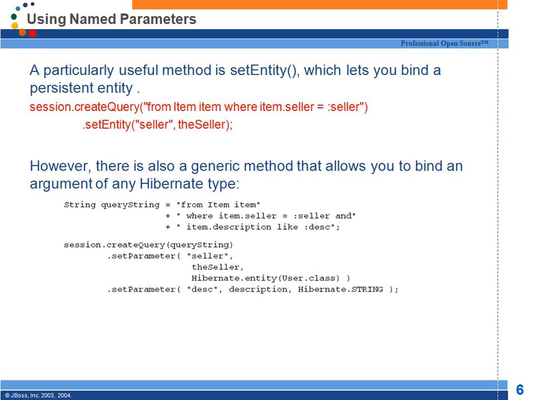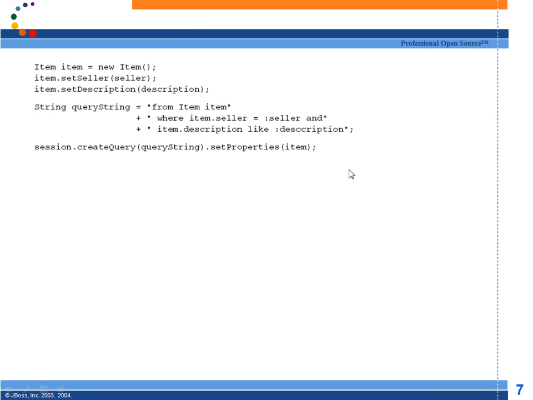Any doubts? Next, there is another way of setting the named parameters. See this query? It has two named parameters, seller and description. I created a dummy item object where I have set a seller and a description, and then I am using session.createQuery, which is a query, dot setProperties of this item.